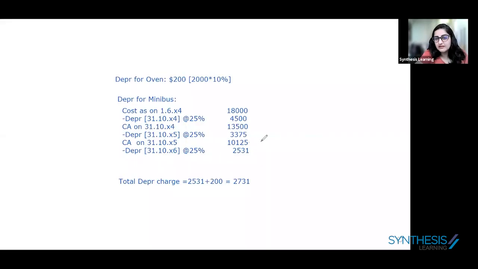Here we have reached this point. Correct? So now what will you do for the third year if you want to find the depreciation?